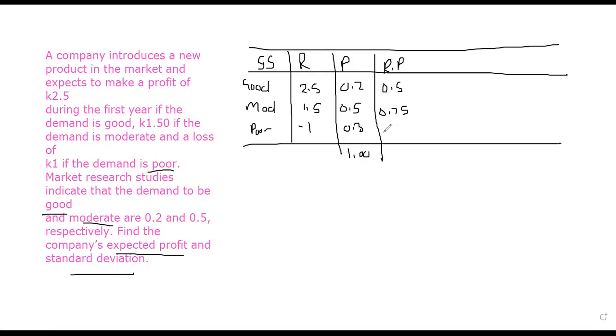One times 0.3 is negative 0.3. When you add this, we're going to get a total of 0.95. So our expected return is 0.95.